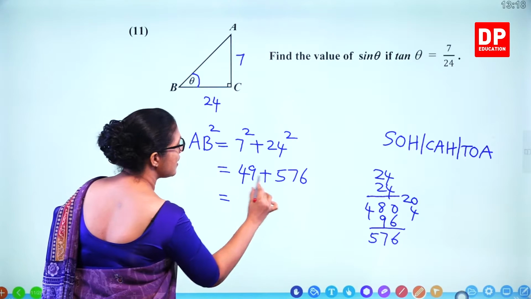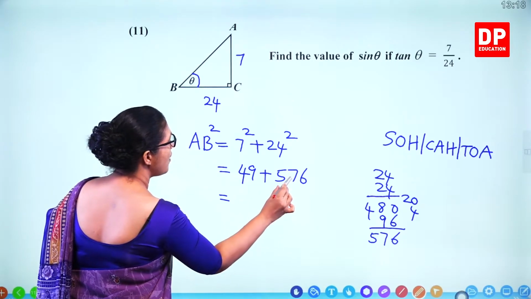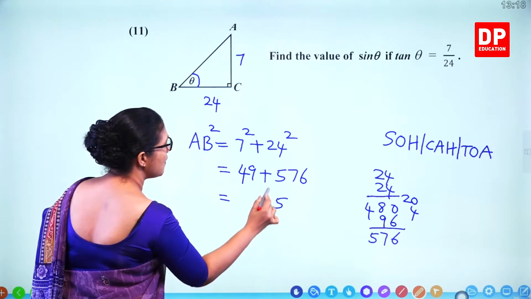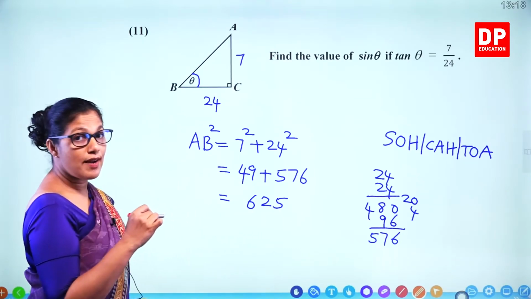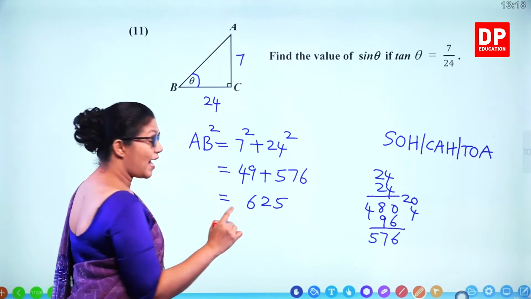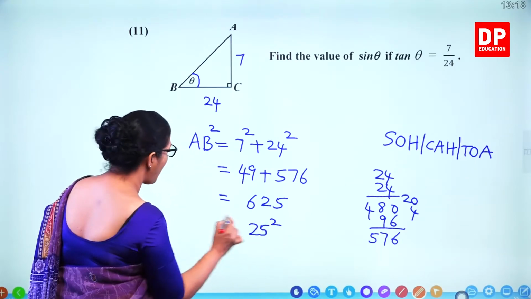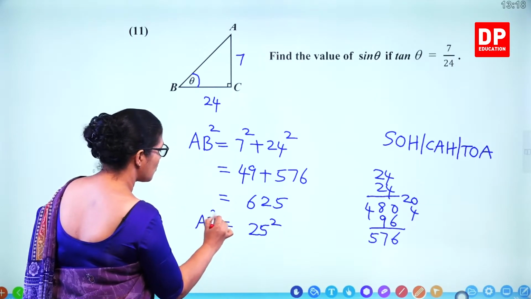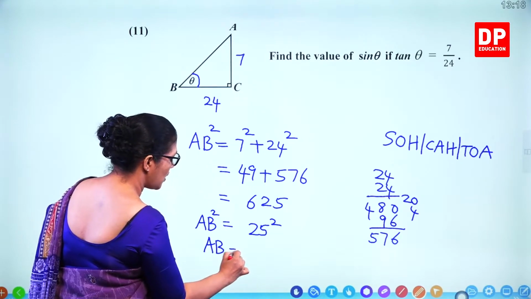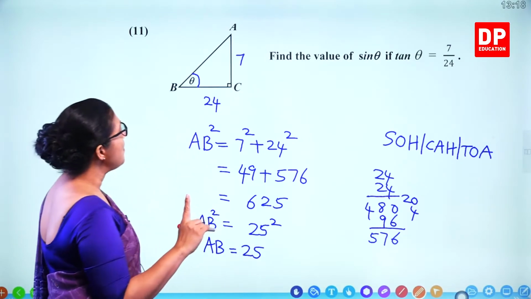Then add it. 9 plus 6, 15. 1 remaining. 8 plus 4, 12. And here 625. So that's 25 times 25. So 25 squared is AB squared. So AB becomes 25.